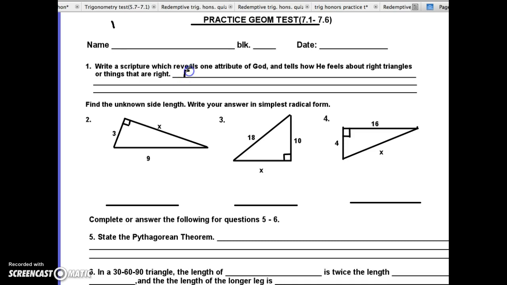It says, "For the Lord is righteous, he loves righteousness, his countenance beholds the upright."